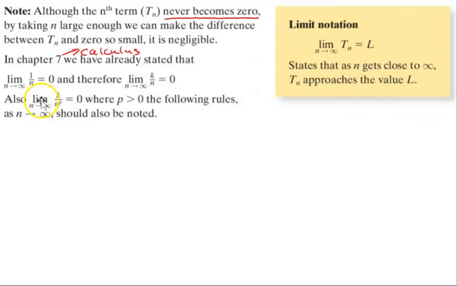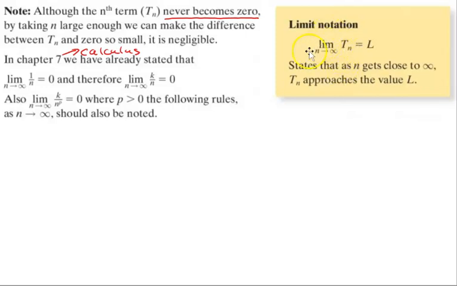Also, the limit as n approaches infinity of k over n to the power of p will equal 0, where p is greater than 0. The following rules as n approaches infinity should also be noted. So this is just our limit notation, just to take note of it. It's not in the formula book, you should be aware of it. So this is in the calculus chapter as well, so we will cover this again in the calculus chapter.